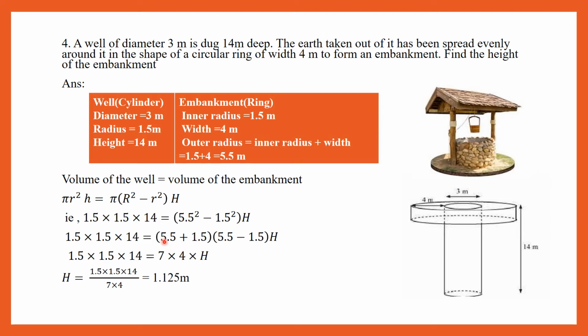So it is 5.5 plus 1.5 into 5.5 minus 1.5 into h. Therefore, we can find the value of h as 1.5 into 1.5 into 14 divided by 7 into 4, which is equal to 1.125 meter.